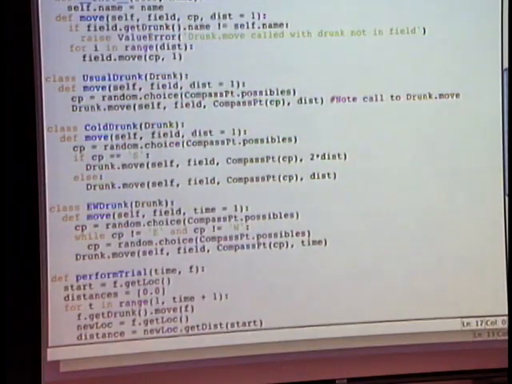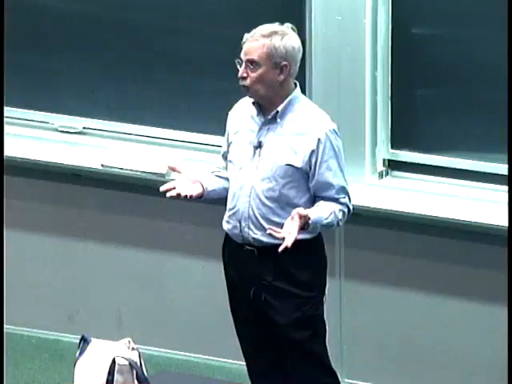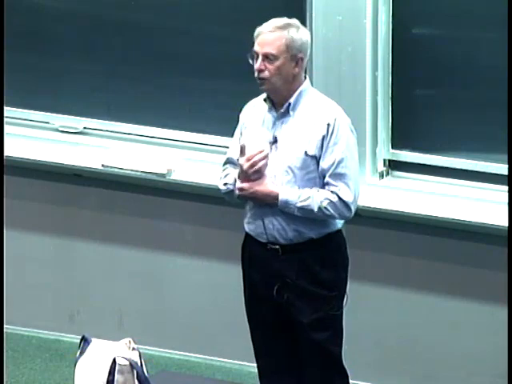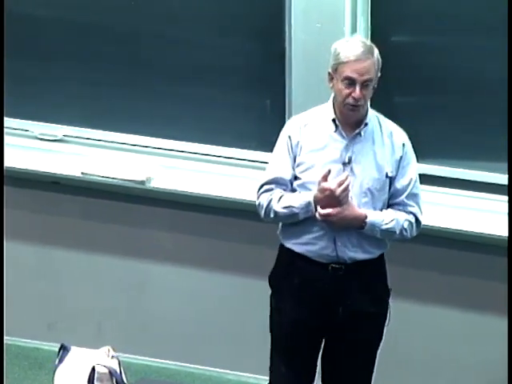And here, what I've done is I choose a compass point, and then while it's not either east or west, I choose again. So this drunk can only move eastward or westward, can't move north or south. So again, you'll see I'm able to have 3 kinds of drunks who, as we will see, exhibit rather different behavior from each other with a minimal amount of change to the code.